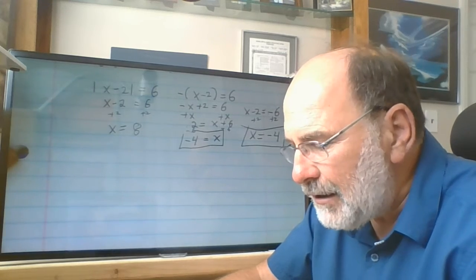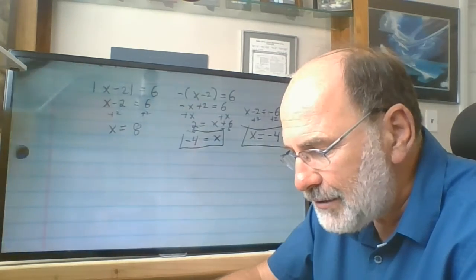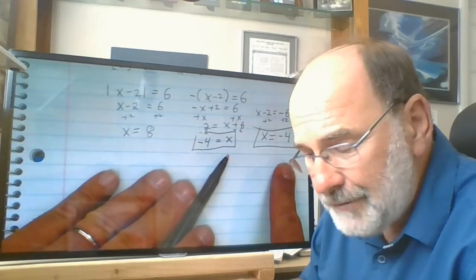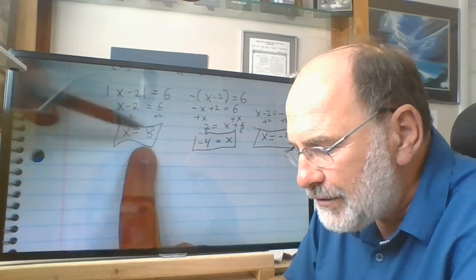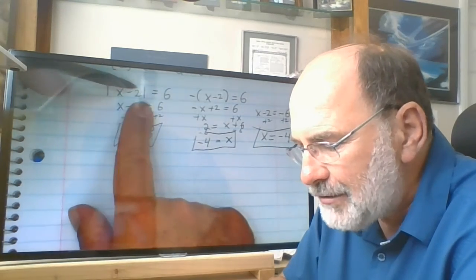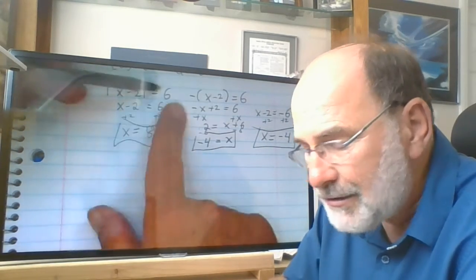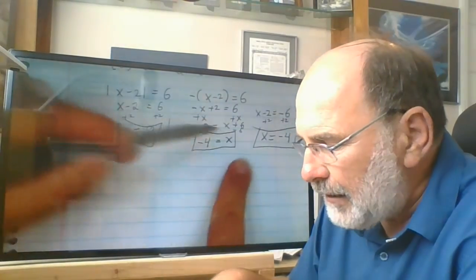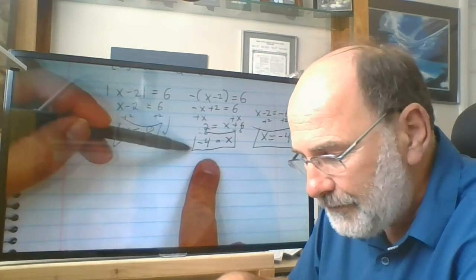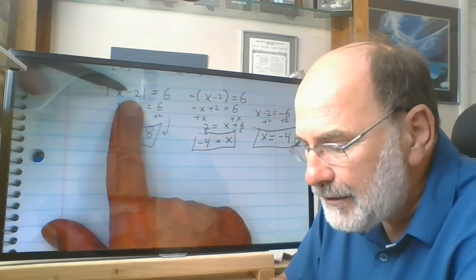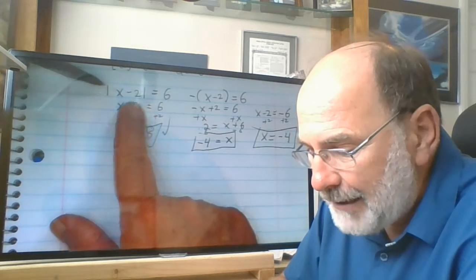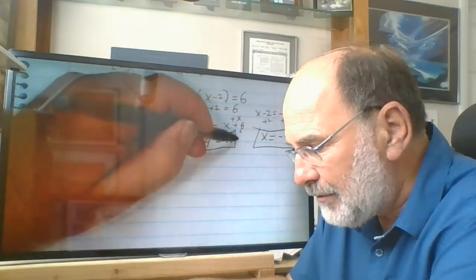And it's always a good idea to check it when you're done by plugging your solution into the original equation. So our first solution was x equals 8. 8 minus 2 is 6. Absolute value of 6 is 6. That checks. Our second solution was x equals negative 4. Negative 4 minus 2 is negative 6. And the absolute value of negative 6 is 6. So it checks.